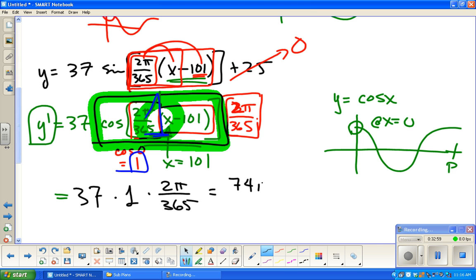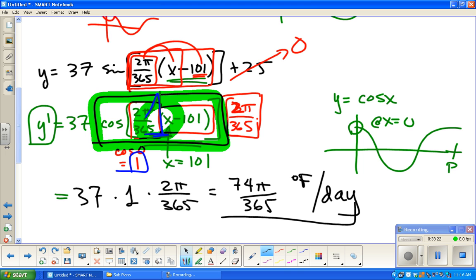and so I guess that'd be 74 pi over 365, and I think this was in degrees Fahrenheit, and this is per day, I believe, where x is the day, the equation approximates on day x, yes, per day. That is the maximum rate of change.